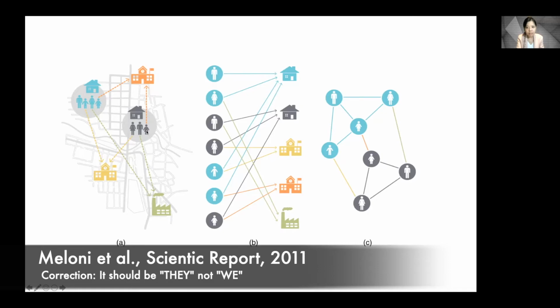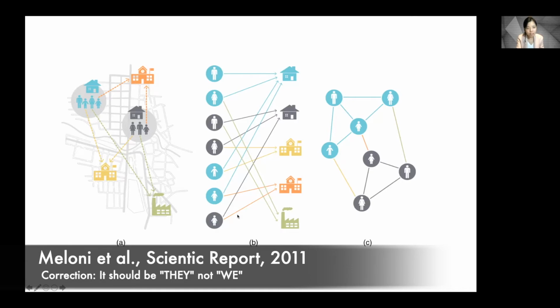And we can also show how these locations can be interconnected with one another. So for example, there are people living in this area that usually go to work or to school or to church. Then we can link these institutions or locations from one another.